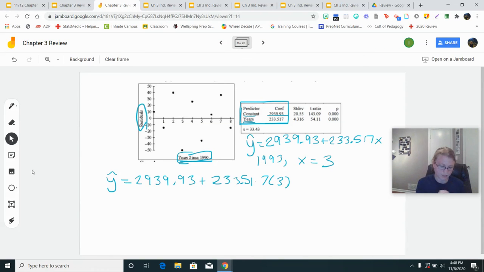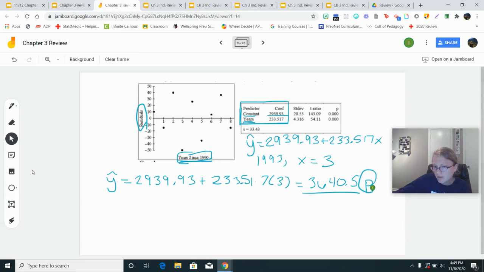So if I put this in on my calculator, 2939.93 plus 233.517 times 3, I'm going to get this number, 3640.5. So let's just say I haven't used the residual plot. I've just looked at the output, got an equation, made a prediction with it. So this is my predicted amount.